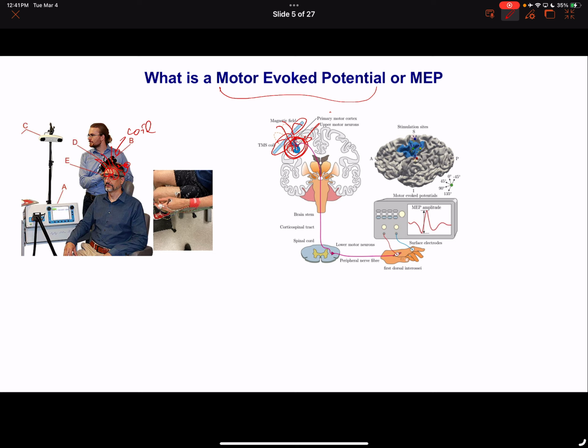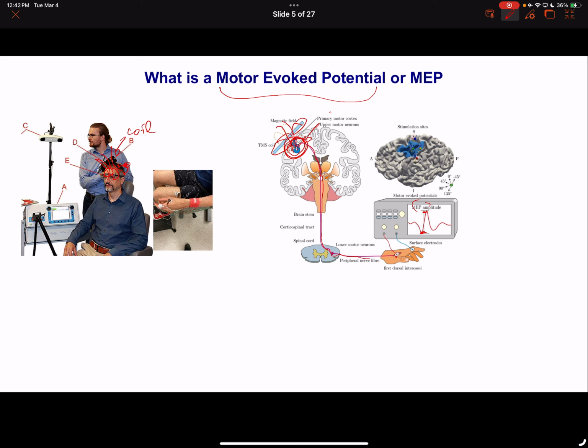Then there's a synapse, and the signal travels down your body, eventually reaching your hand, and there's an involuntary finger movement. You record this finger movement, and people use this to figure out how much current you need to activate the brain. When they do depression treatments, they typically define those relative to the amount of current you need to elicit this finger movement.